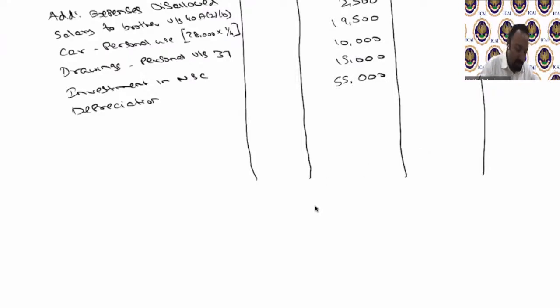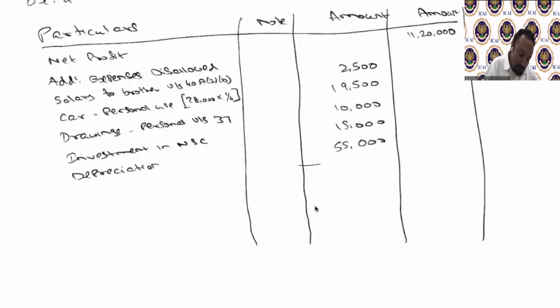So these are all disallowed expenditure. Now you take this as a total: 21, 22, 32, 47, 97, 1,02,000. So you get 12,22,000. So that is your first step.